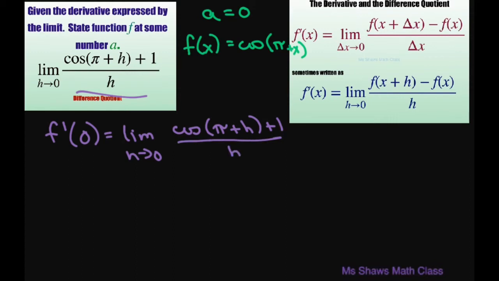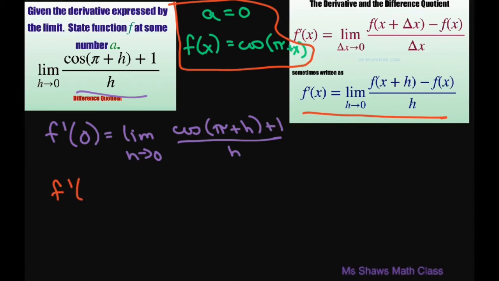Now let's test what I want to do here. So basically I'm looking at this formula. I'm going to have f prime of 0 equals the limit as h approaches 0. Now my function is this. So you're going to write cosine of pi plus x.